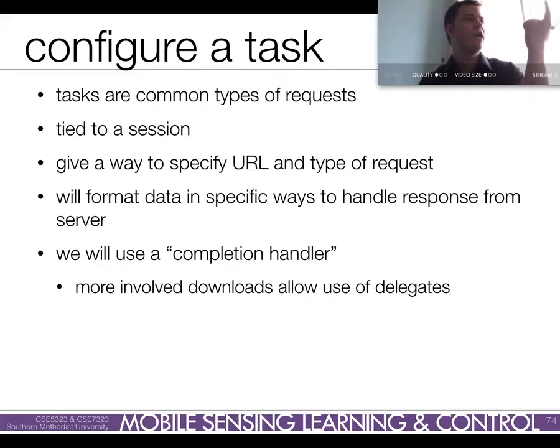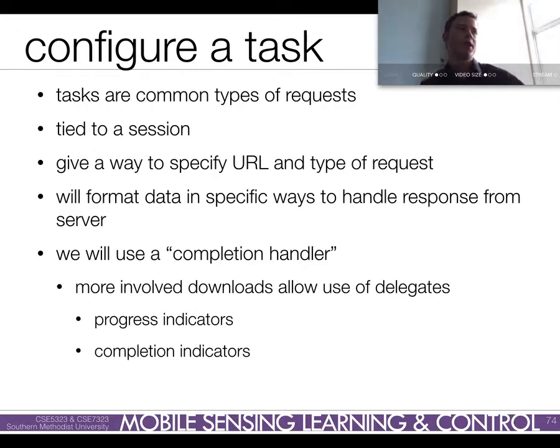Or we could also have a completion, so that when this download task completes, it calls this function rather than having a completion handler. So you can have progress indicators and completion indicators, and these are separate functions that it uses its delegate to call.